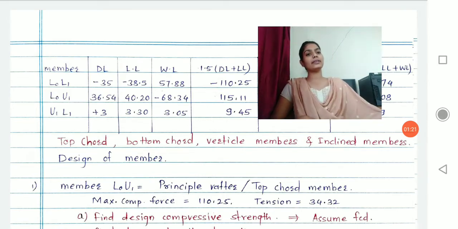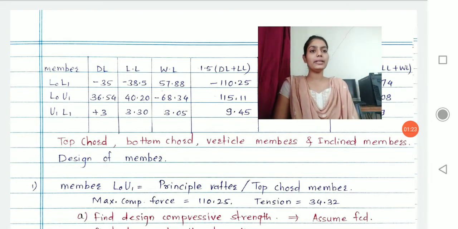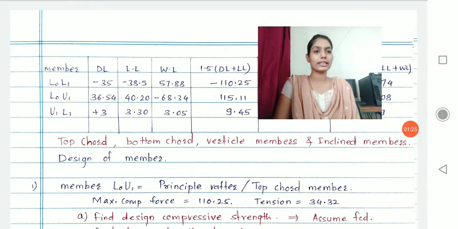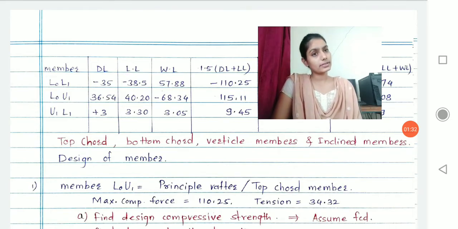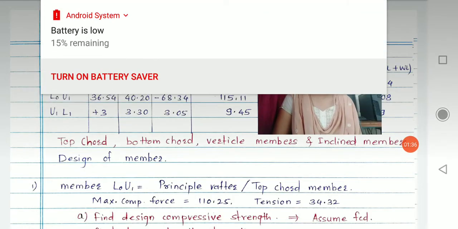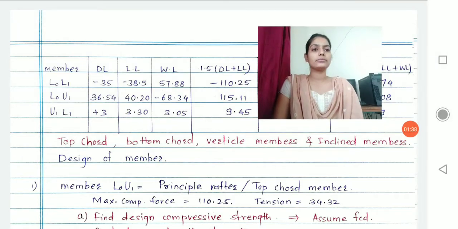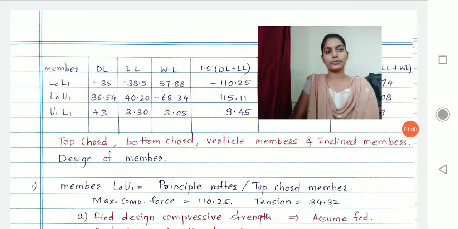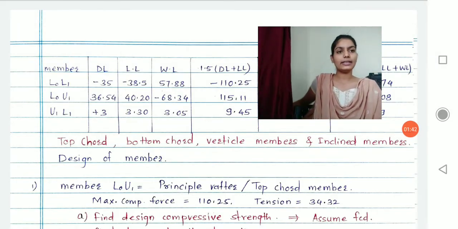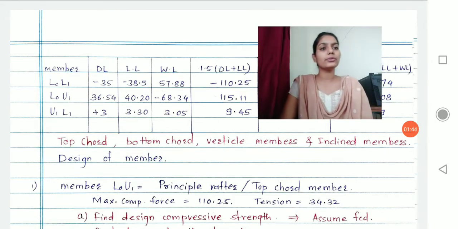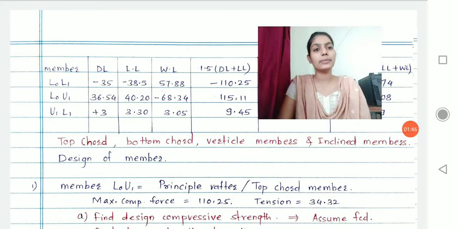It means that if a member is said to be carrying negative 20 kilonewton or 200 kilonewton or whatever value you come across, but it is coming with a negative sign, then you have to focus upon it and you have to take it as a compressive force.